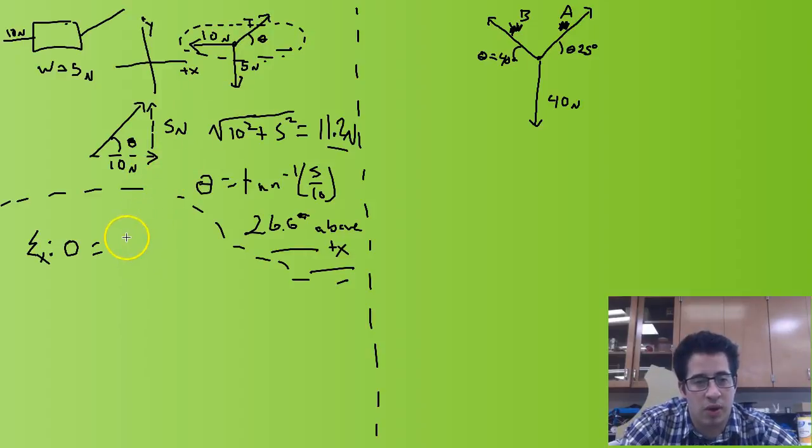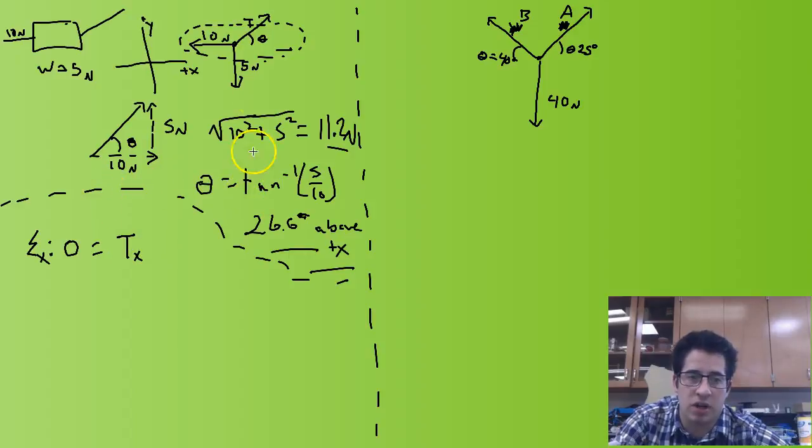So we have the horizontal component of the tension acting in the positive direction, and then acting backwards in the negative direction we have 10 newtons.